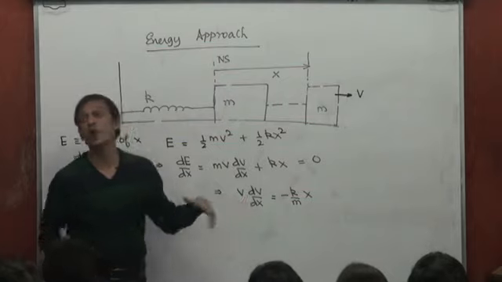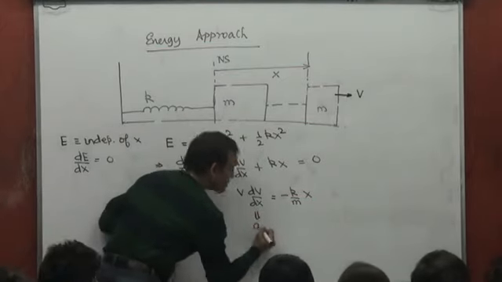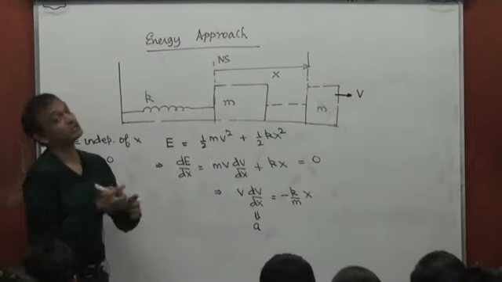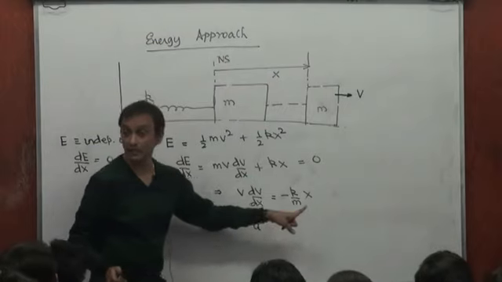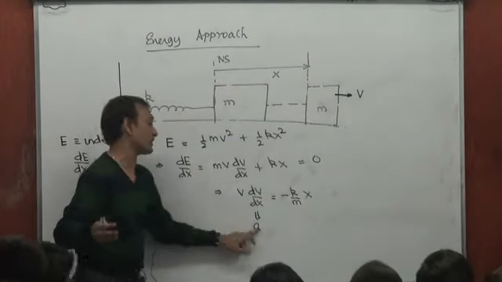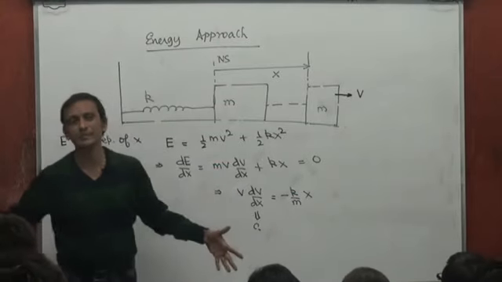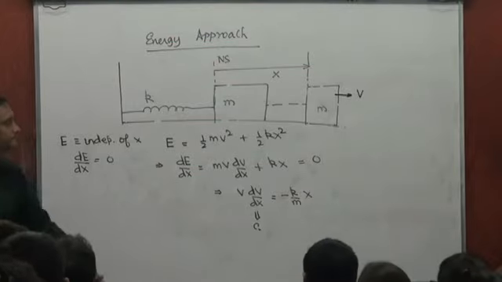But V dV/dx is what? Acceleration. V dV/dx is the acceleration a. So a is minus k by m into x, and therefore we conclude that the motion must be simple harmonic with omega squared equal to k by m, omega equal to root k by m. a equal to minus k by m into x would guarantee simple harmonic motion, right?